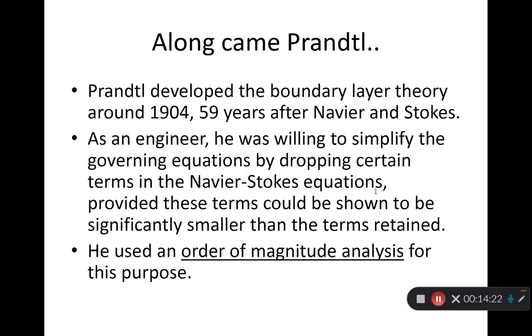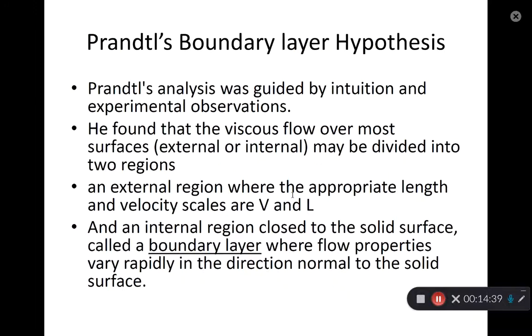So Prandtl did something called an order of magnitude analysis for this purpose. In this video, we will talk about how he went about doing that for conservation of mass and momentum. His order of magnitude analysis was guided by intuition and also based on experimental observations.